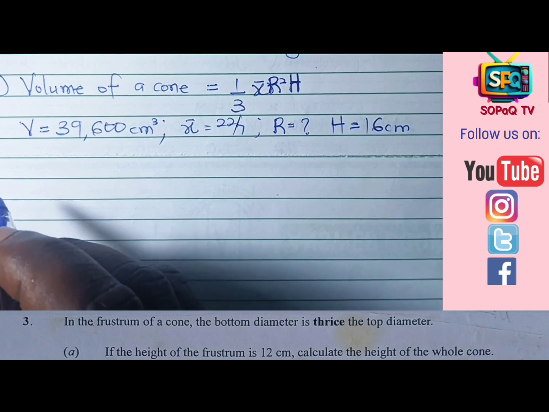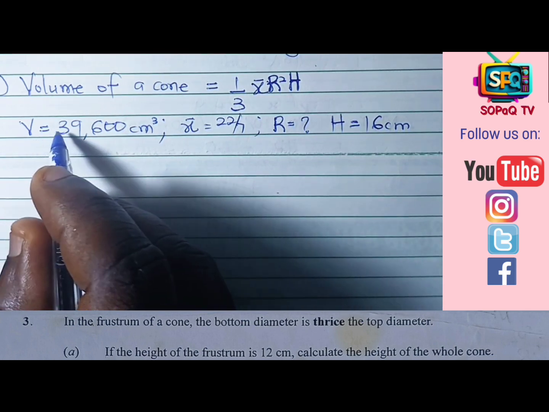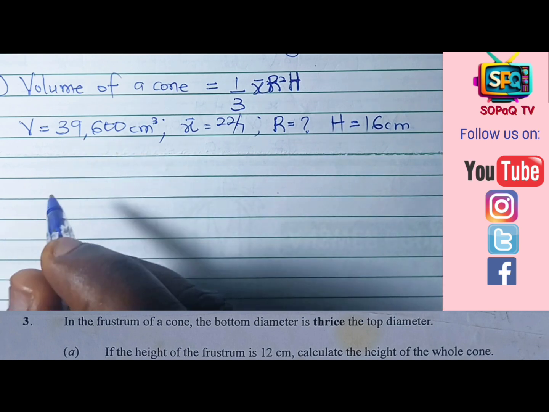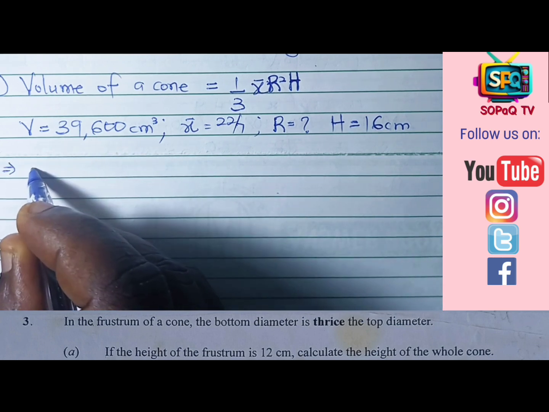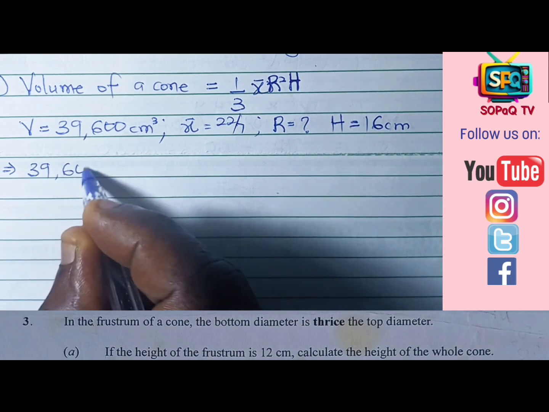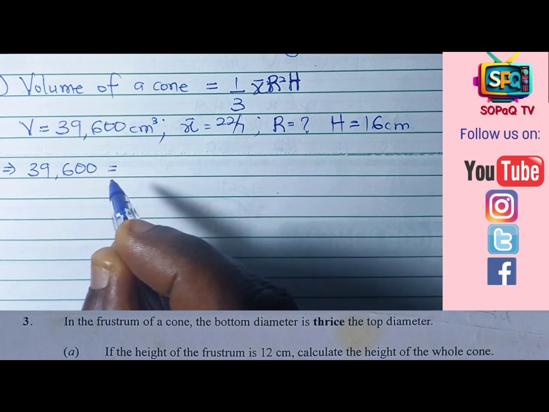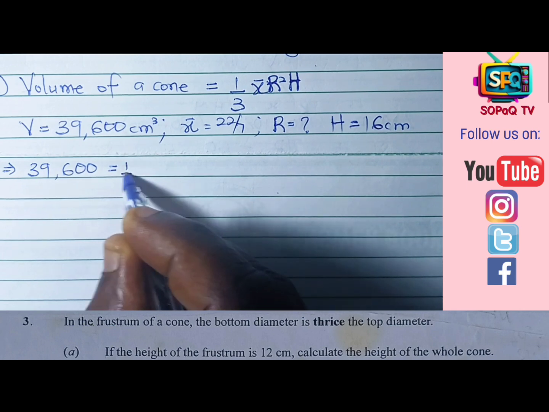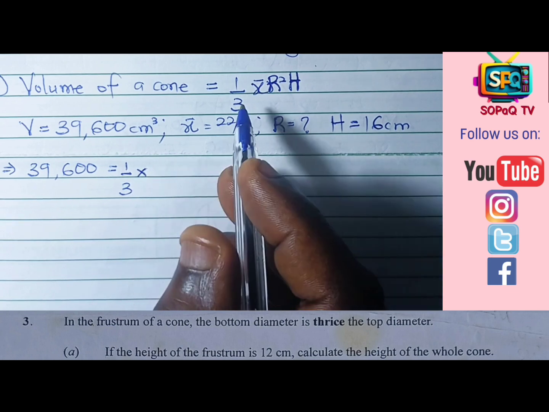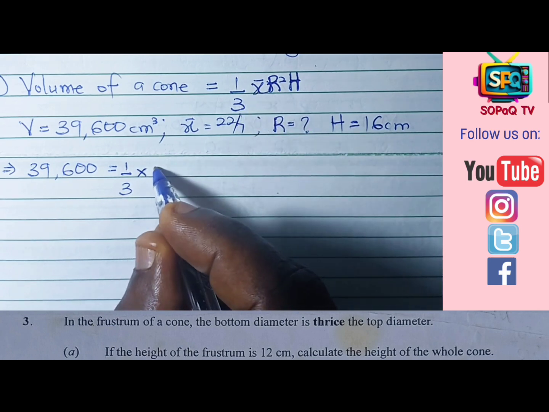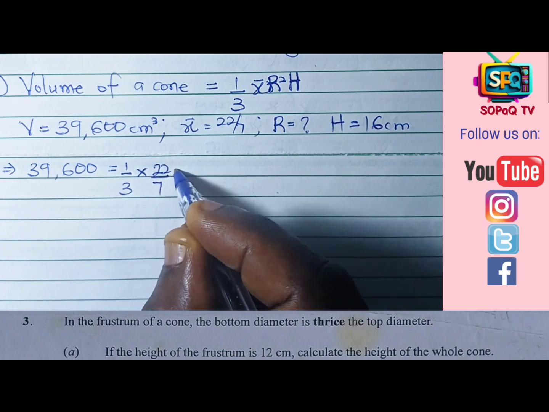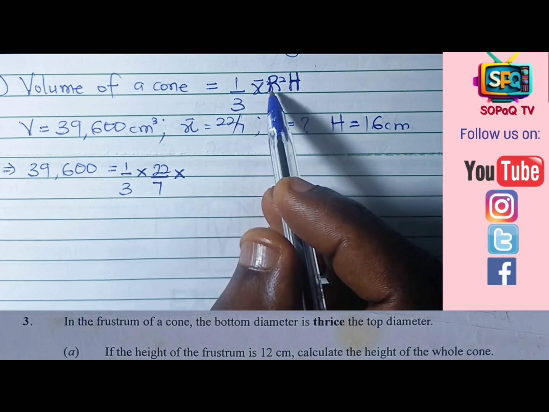So when we substitute the volume 39,600 centimeters cube, we are going to get 39,600 equals 1/3 multiplying my pi, which is 22/7, multiplying our r squared.